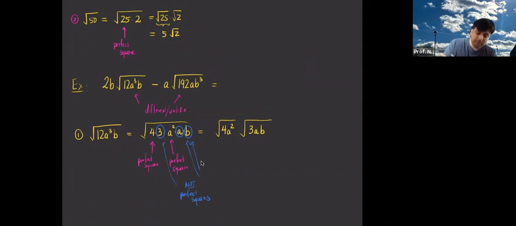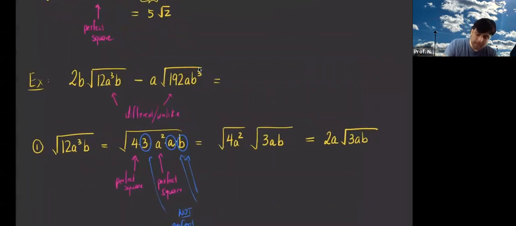Now, because you're a perfect square, that means that you can find what the square root of it is. So the square root of 4a squared is 2a. But I still have this radical 3ab attached to it. So the square root of 12a cubed b simplifies to 2a rad 3ab. So I can write this now as, and don't forget guys, there's a 2b in front of it from the beginning.